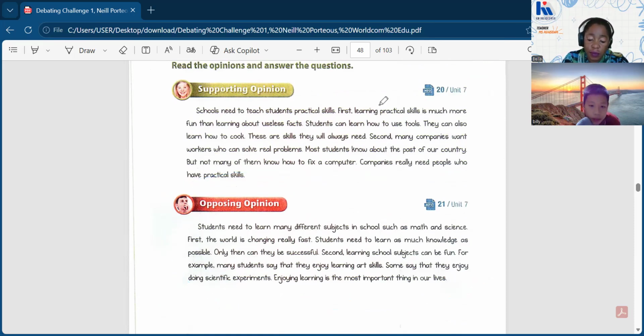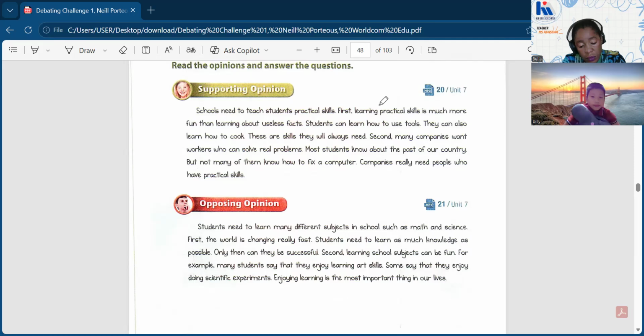Students need to learn many different subjects. Students need many different subjects in school, such as math and science. The world is changing very fast. Students need to learn as much as possible.